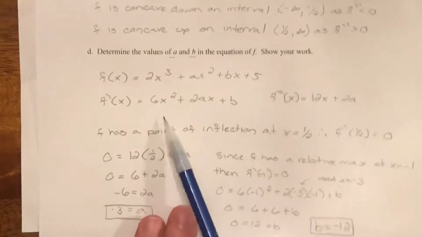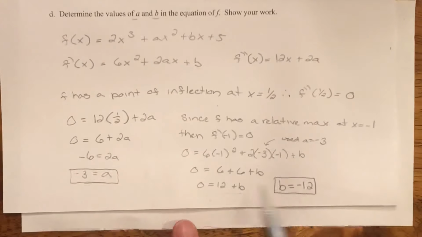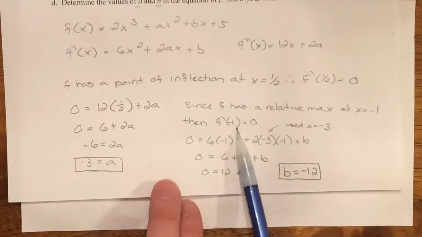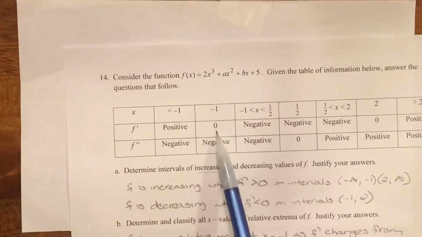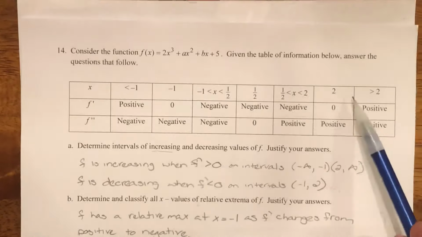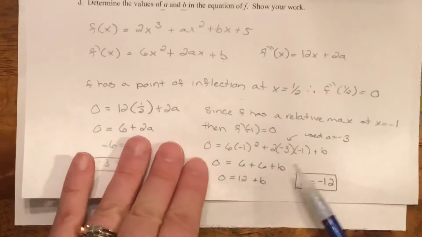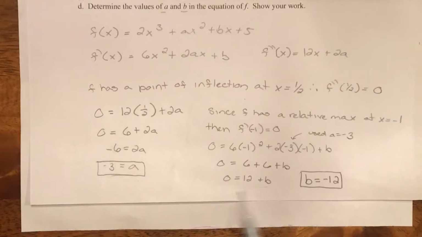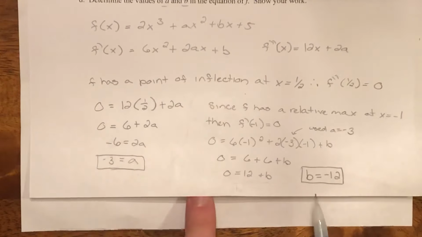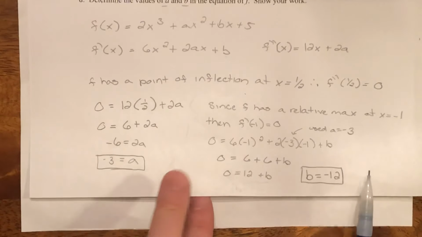Then I can go back up to this f prime, and f prime of -1 was equal to 0. You could have also used f prime of 2 would be equal to 0, and you get the same thing. But I just put in -1, and I solve this, and I can get b is equal to -12. And then you can also go back and check this too, and just make sure that this is right.